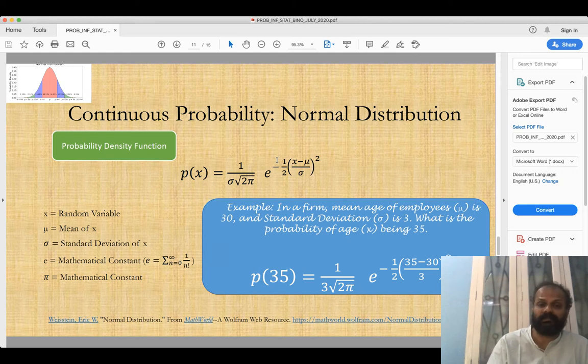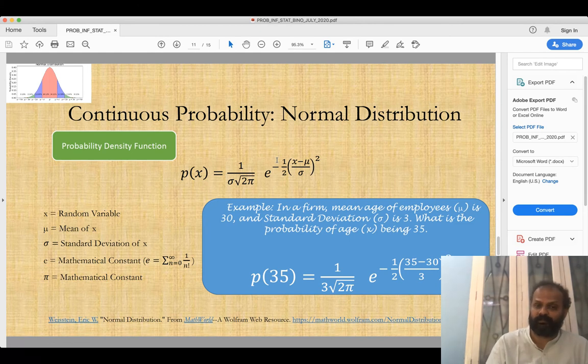X is a random variable. Sigma is the standard deviation of x. Mu is the mean average of x. Pi is a mathematical constant. E is also a constant. That's what each symbol means.